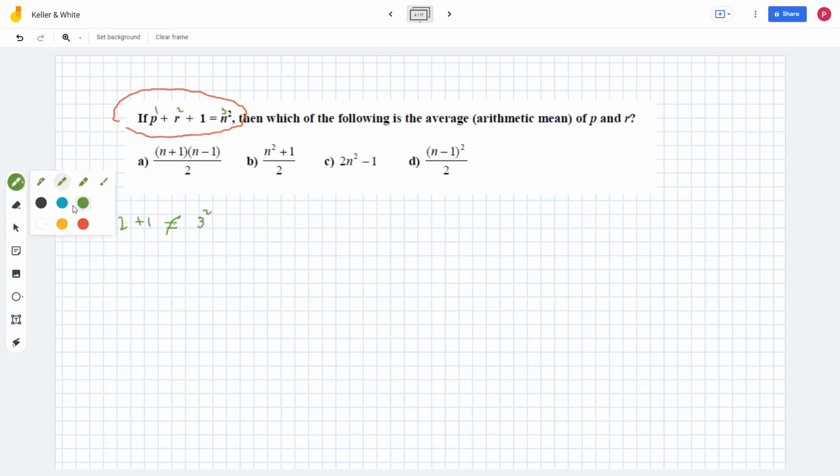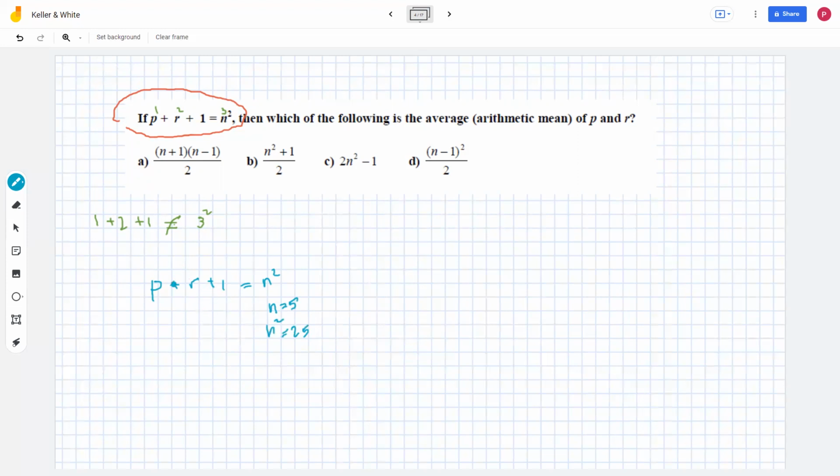So here I am still trying to come up with numbers that make p plus r plus 1 equals n squared. I guess if you want, you could pause the video and come up with your own. Eventually, you're going to think of, hey, wait a minute, why don't we make up n first? Let's say we let n equal 5. Well, then n squared is 25. And now I just have to make these numbers add up to 25.